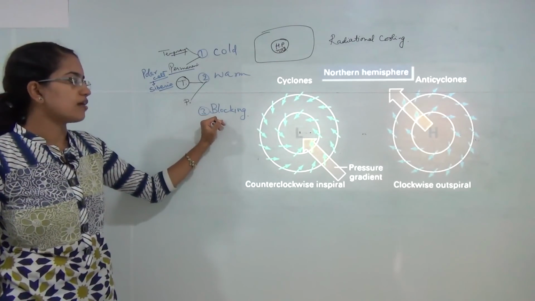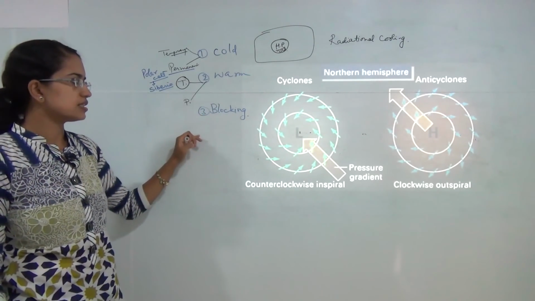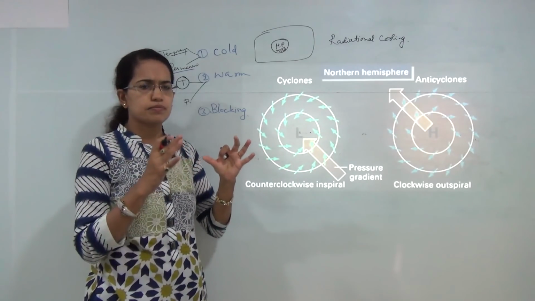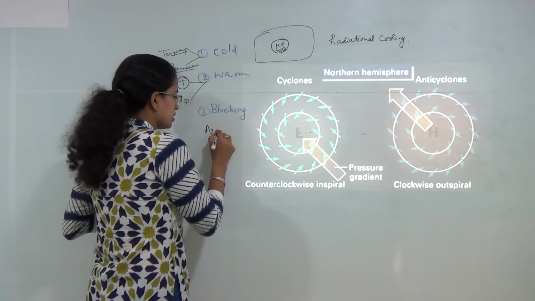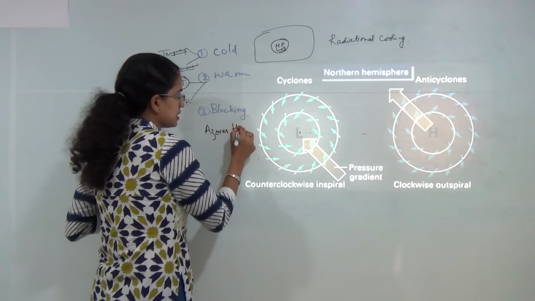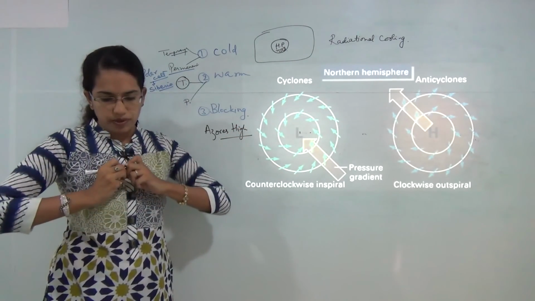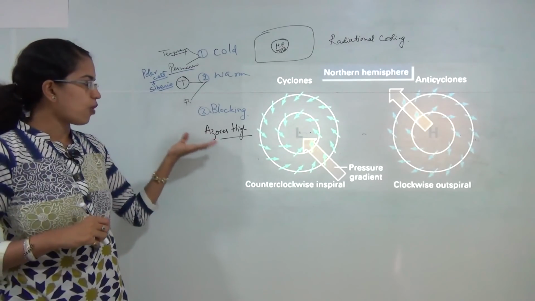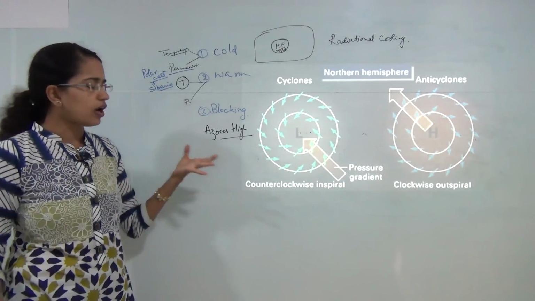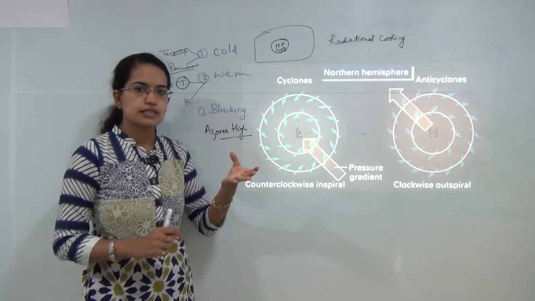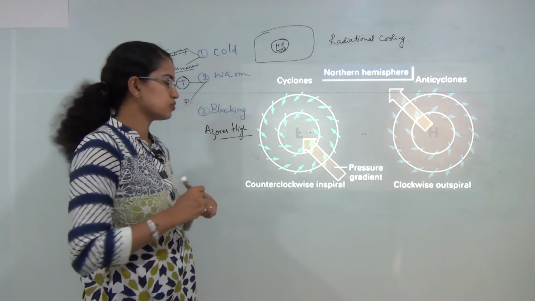Then finally you have the blocking anticyclonic conditions. Blocking anticyclonic conditions occur when the cell breaks away or moves away from the Azores highs. This is usually seen in warmer months, influenced by warm anticyclonic conditions, and they are also influenced by the jet stream patterns, which is east to west, and the zonal pattern north to south.